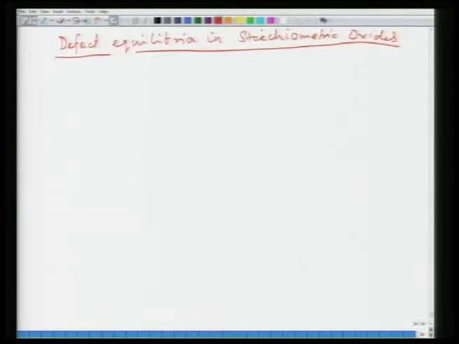So, let us take first the case of Schottky defects. Okay. So defect reaction, consider the oxide as MO.